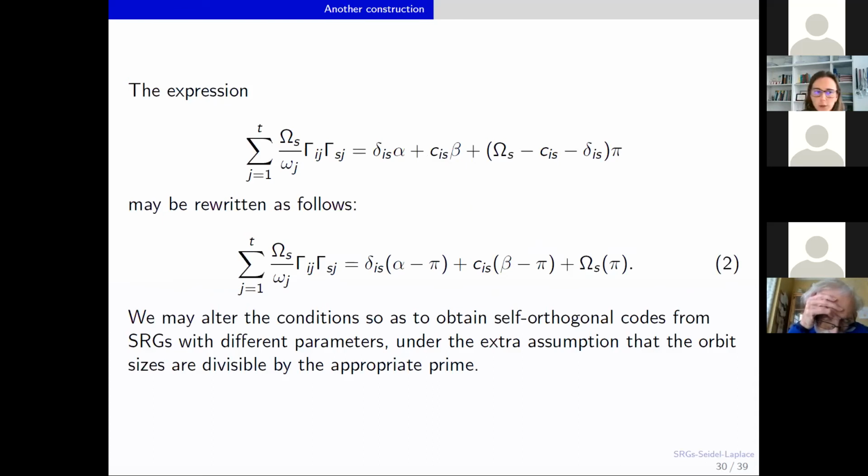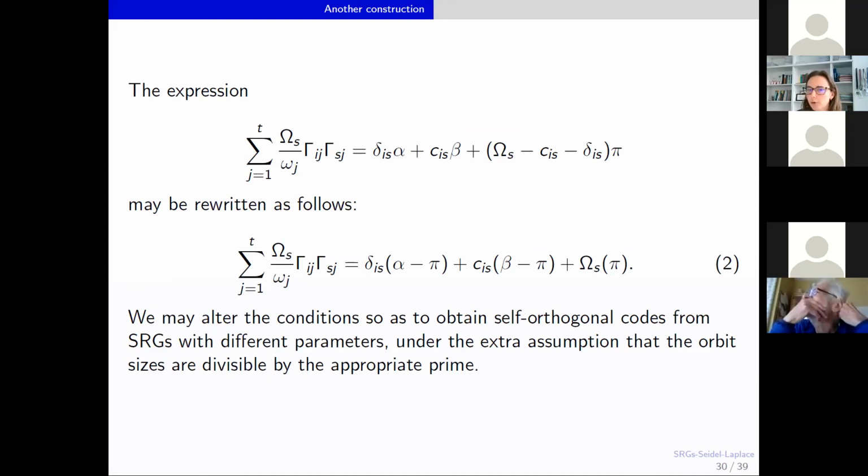Okay, so what can be done more with this method? If you take a little look at this expression, you can see that you can rewrite it and obtain a similar expression, but with different factors, because you have alpha here, you have alpha minus pi. What does it mean? It means that you change your divisibility property a little bit.